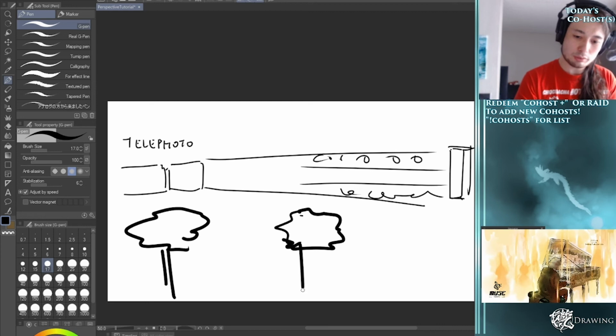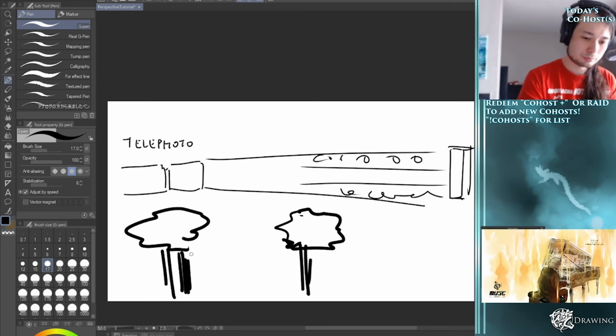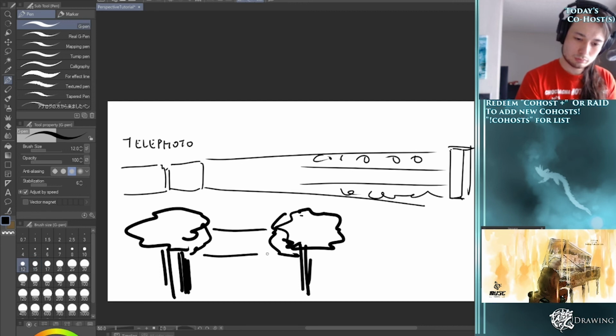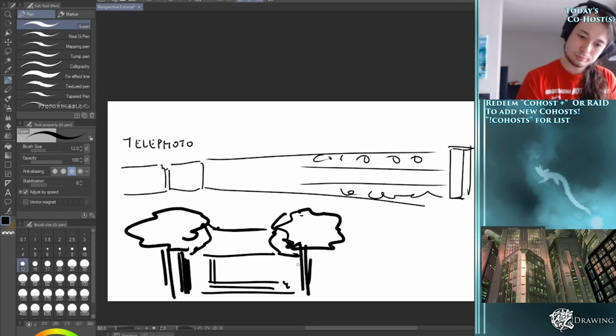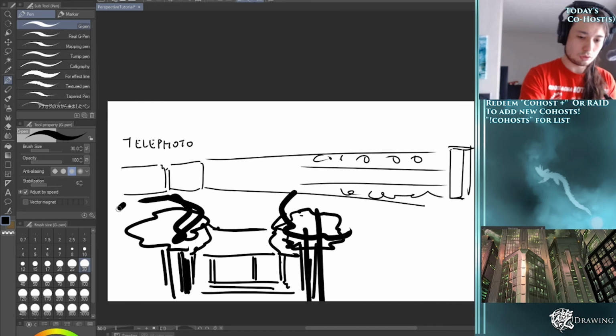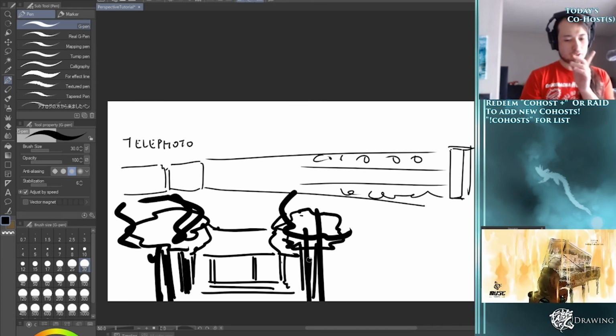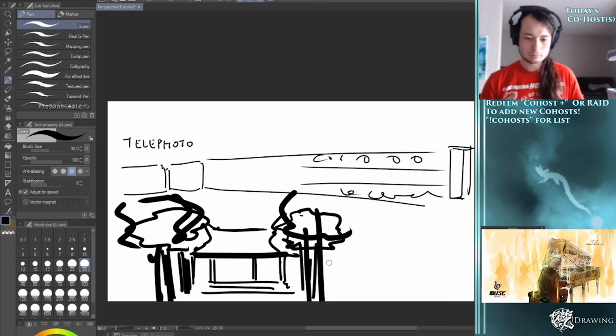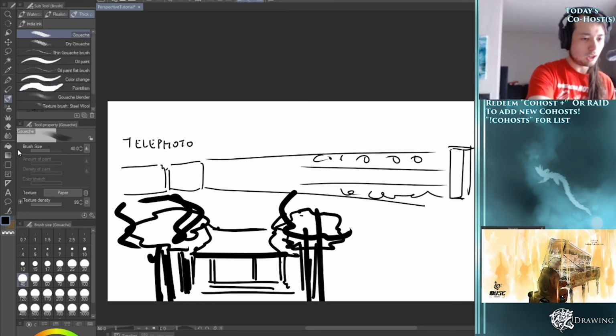There's not going to be very much depth here. There's almost no perspective. A telephoto lens captures very little. But you know what's going to happen is there is going to be a lot of blurring.